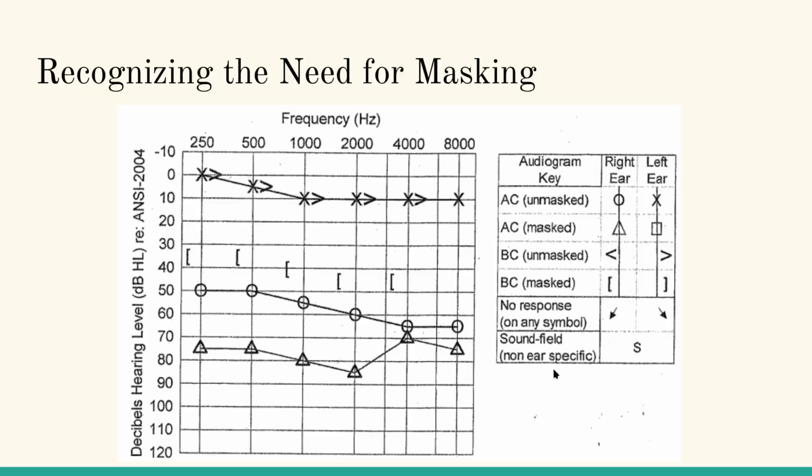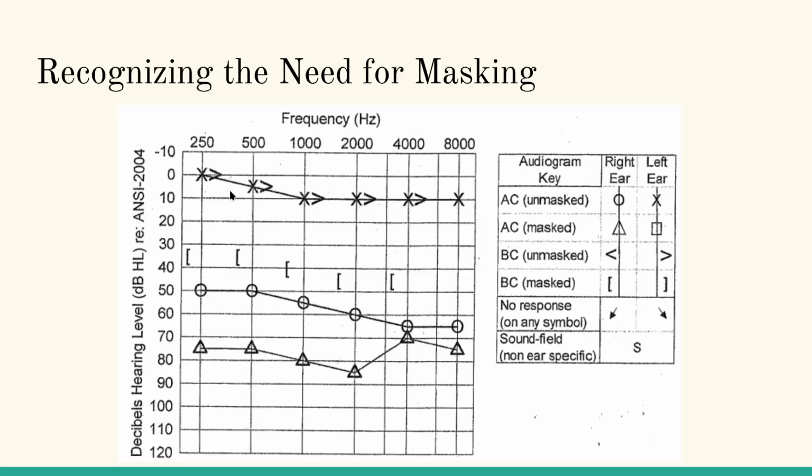Here's an example of right ear air conduction thresholds obtained without masking and then again with masking. So why are the unmasked air conduction thresholds better than the masked air conduction thresholds in the right ear? Let me repeat that.